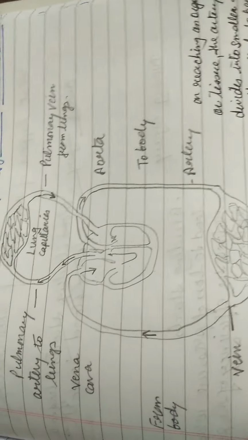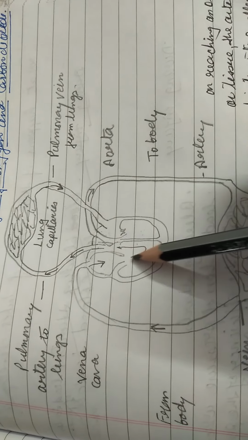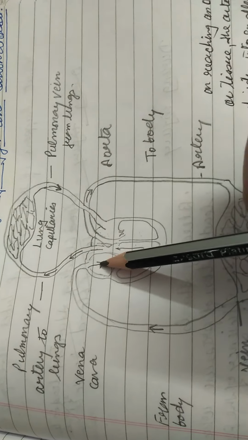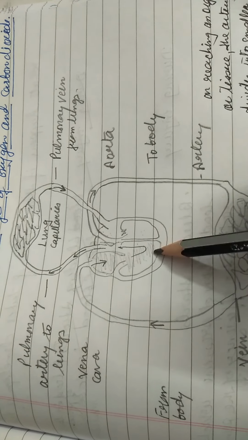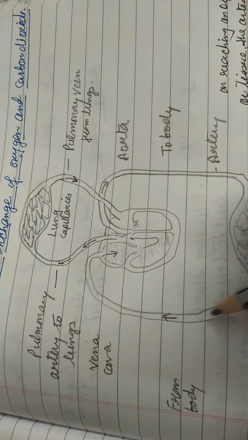Clear? And on this side, the right side, the blood is deoxygenated blood, right? The blood is connected through the vena cava, from both the upper side of the body and the lower side of the body.